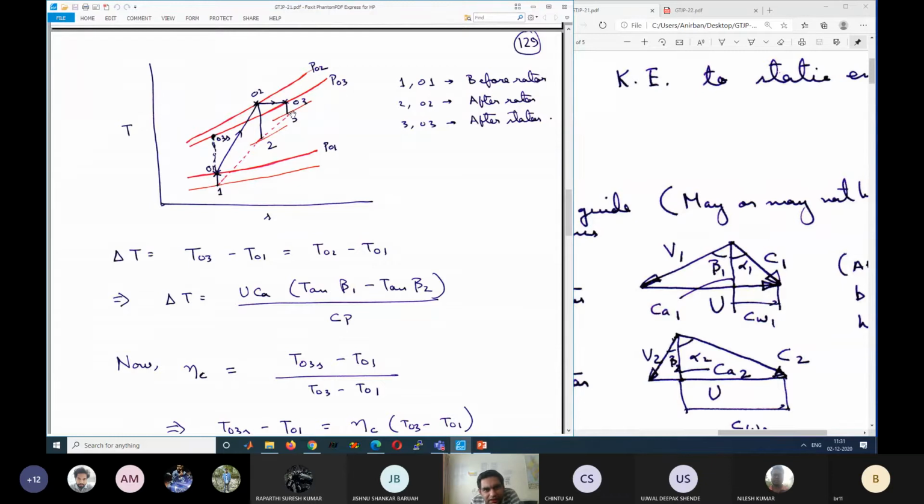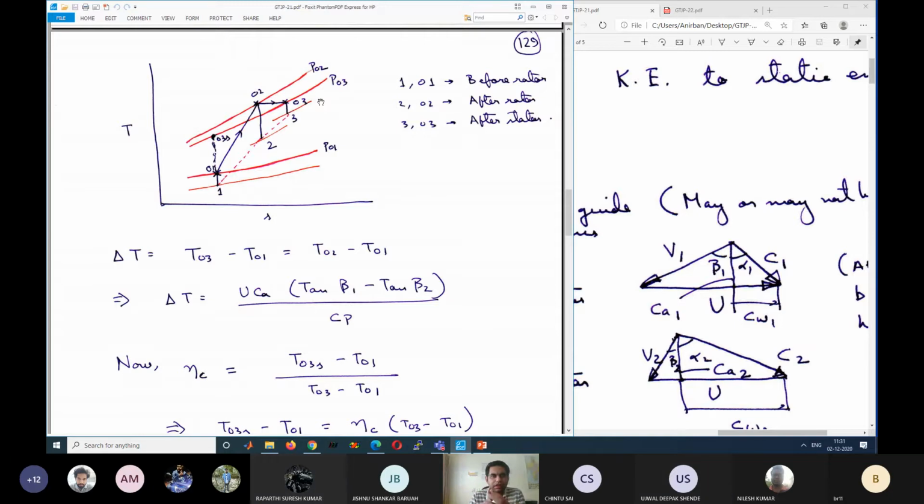As a result, you shift towards the right hand side and you can see that, keeping the stagnation temperature the same, the pressure is reduced from P02 to P03. This is the effect of friction. If there are no frictional losses, where will point 03 be?